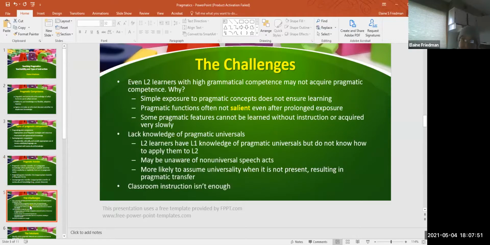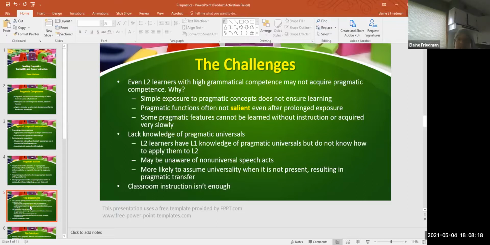So here are some challenges. Even L2 learners with high grammatical competence may not acquire pragmatic competence. Why? Just being exposed to the concepts does not ensure learning. Pragmatic functions are often not salient, the professor's favorite word, even after prolonged exposure.